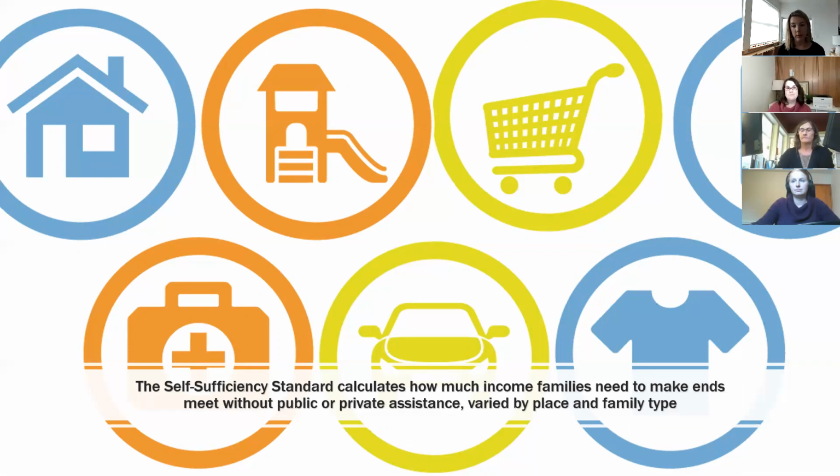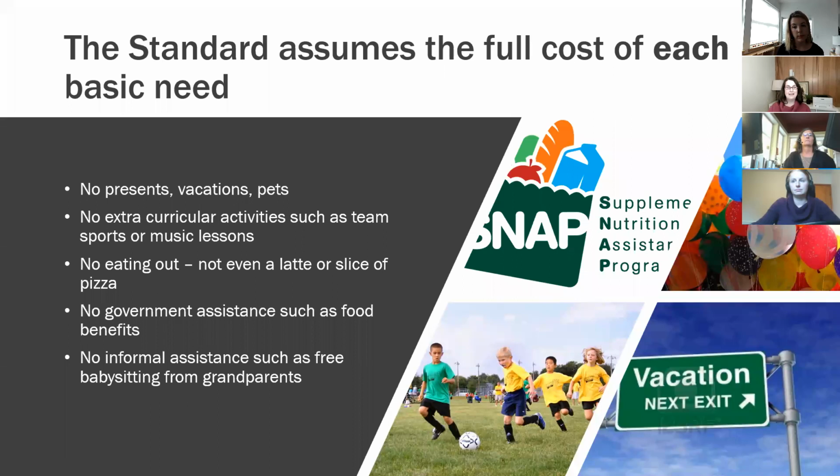Using a market basket approach, the standard measures the cost of all major budget items faced by working families, not just food. And finally, it's really important to note that the standard is calculated to be minimally adequate. The goal with the standard is to create the income that would be needed to meet just the basic needs without public benefits or informal assistance.